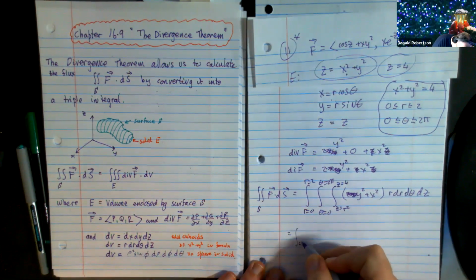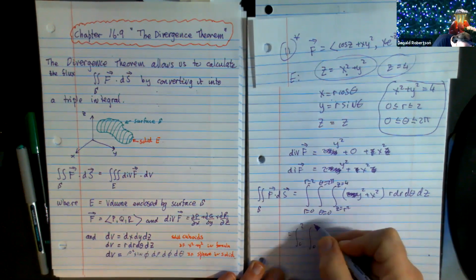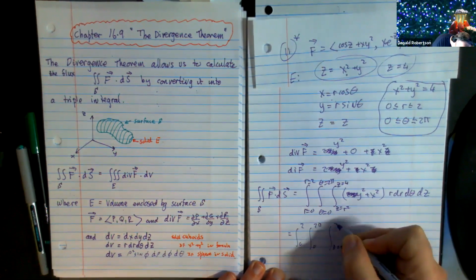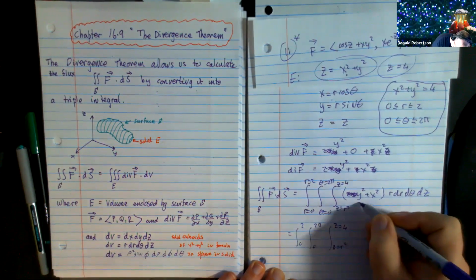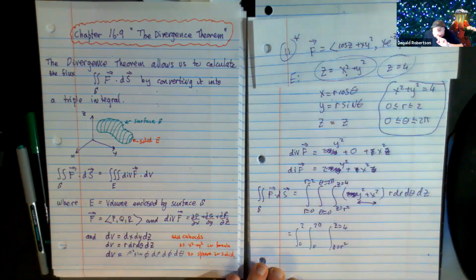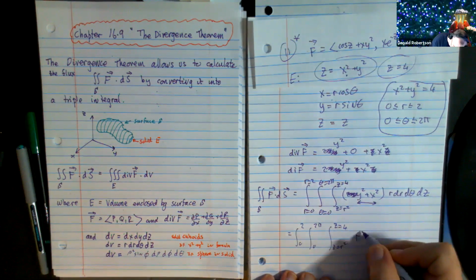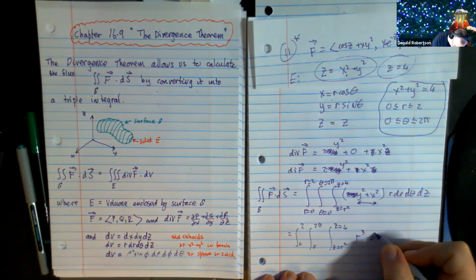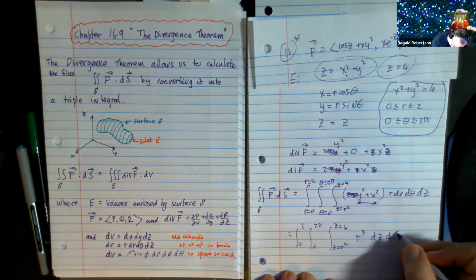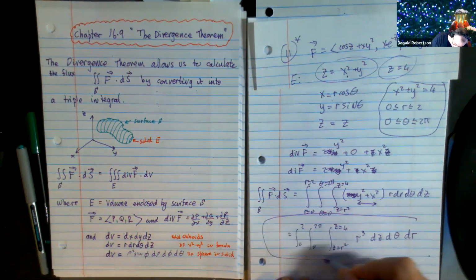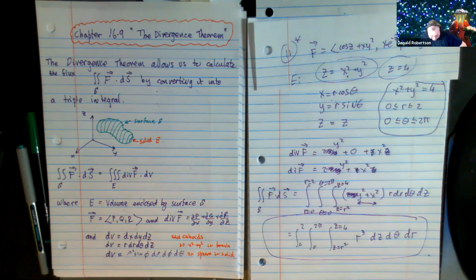So it's 0 to 2, 0 to 2 pi, z equals r squared to z equals 4. That guy is actually r squared, which makes this guy r cubed. And we'll do the z first, the theta second, and the r last. And I think that's a dot, dot, dot now, isn't it?